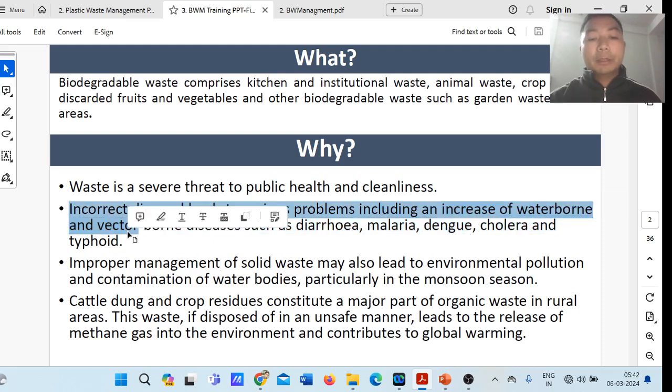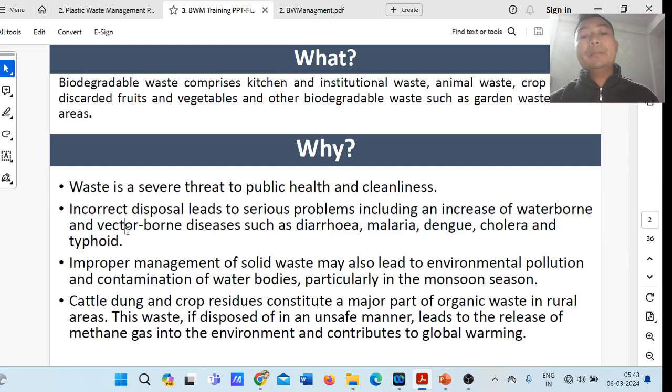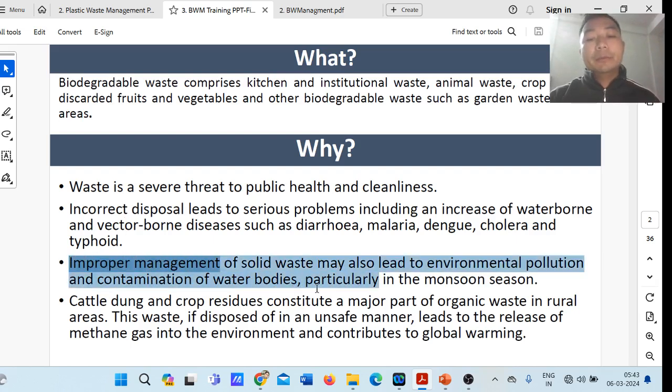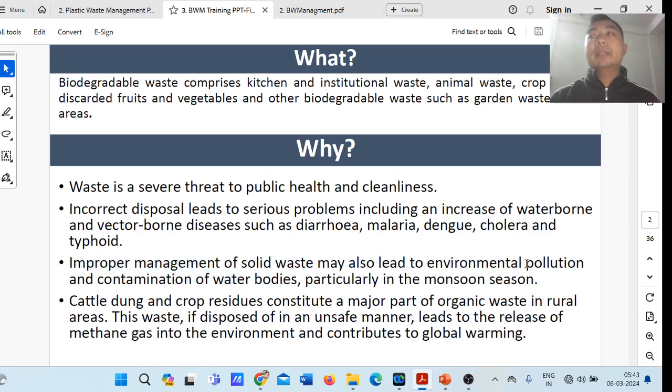So these are some of the health-related issues: improper disposal of solid waste, especially biodegradable waste, leads to several health issues. And improper management of solid waste may lead to environmental pollution and contamination of water bodies, particularly in the rainy season, particularly in the monsoon season. So proper understanding and proper solid waste management is very, very important.